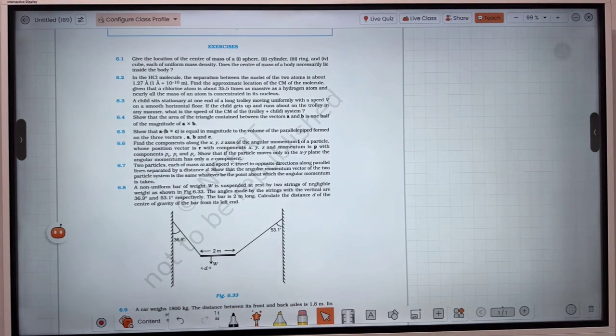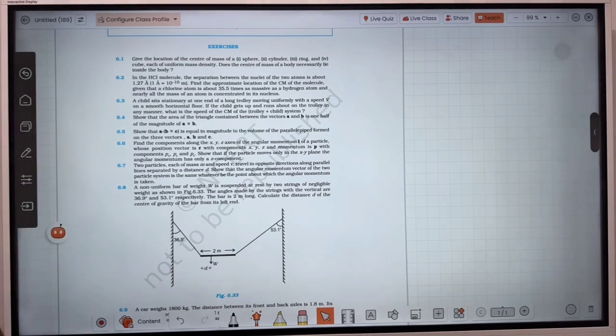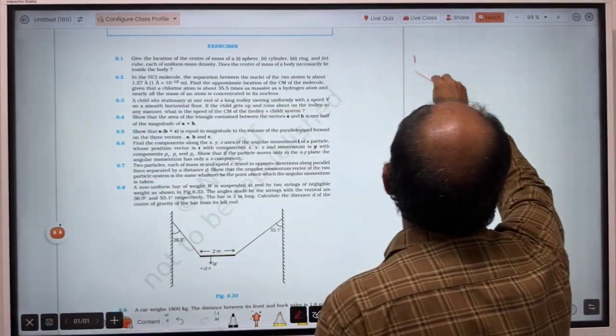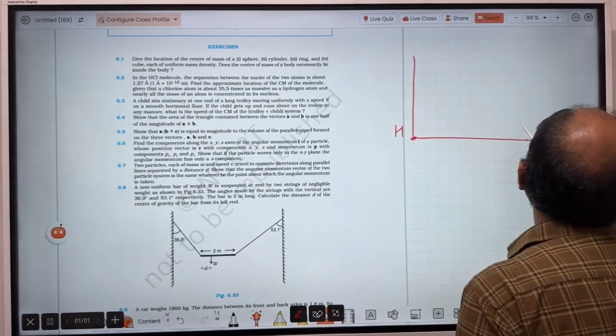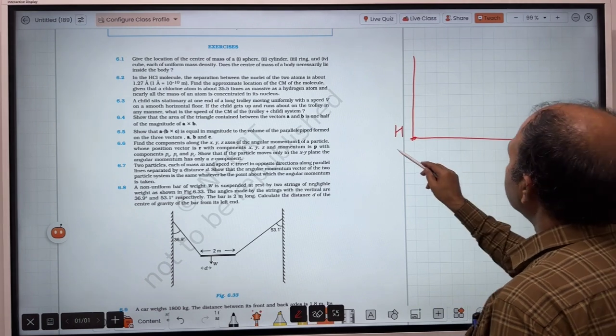In HCl molecule, the separation between the nuclei of two atoms is about 1.27 angstrom. Find the approximate location of the CM of the molecule given that chlorine atom is about 35.5 times as massive as hydrogen atom. So we can evaluate it. Suppose here we write hydrogen atom, here we write chlorine atom, and its mass is 35.5, its mass is 1.